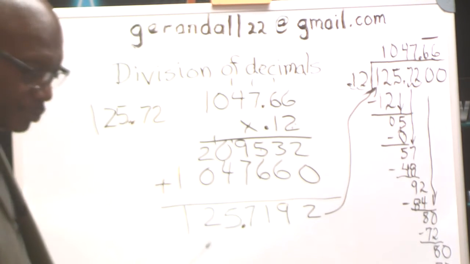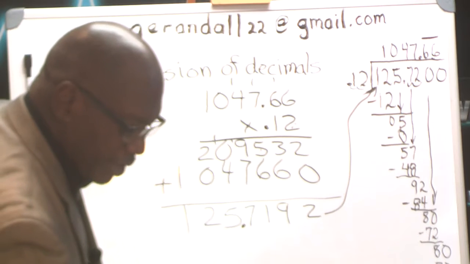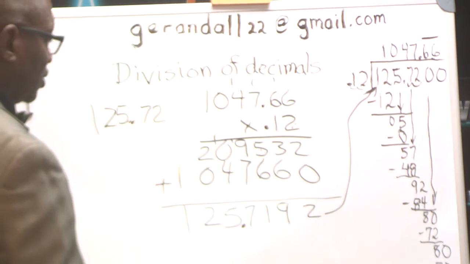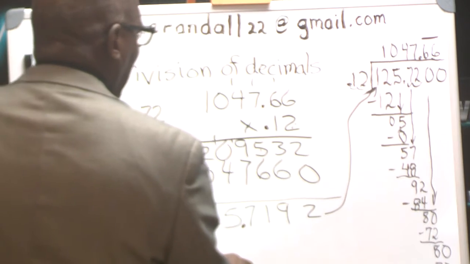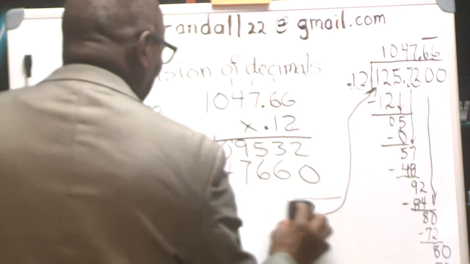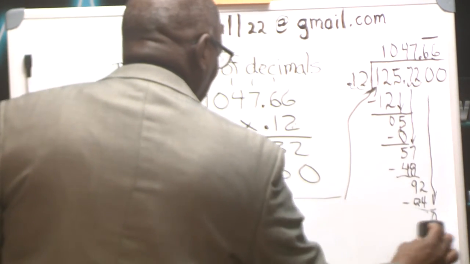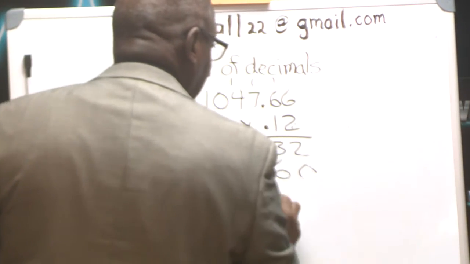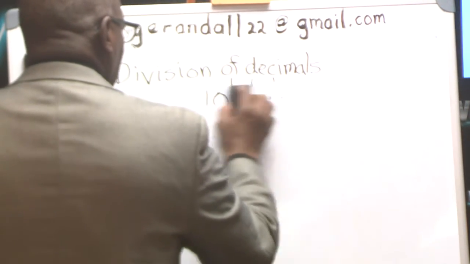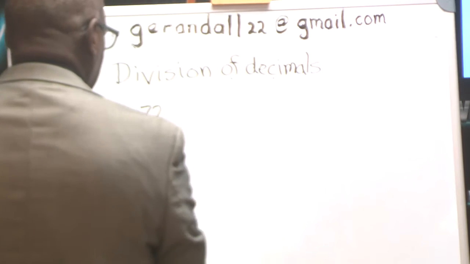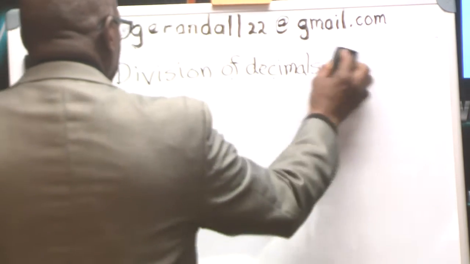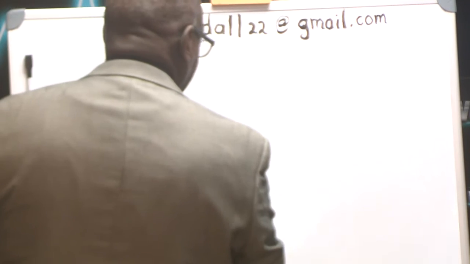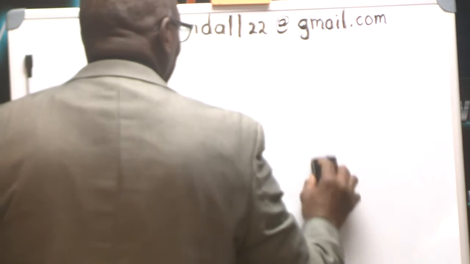Now, we've done division, multiplication, addition, and subtraction. But I was told I got to back up a little bit more, because some of my students that I tutor are just being introduced to multiplication and some division of some basic numbers.